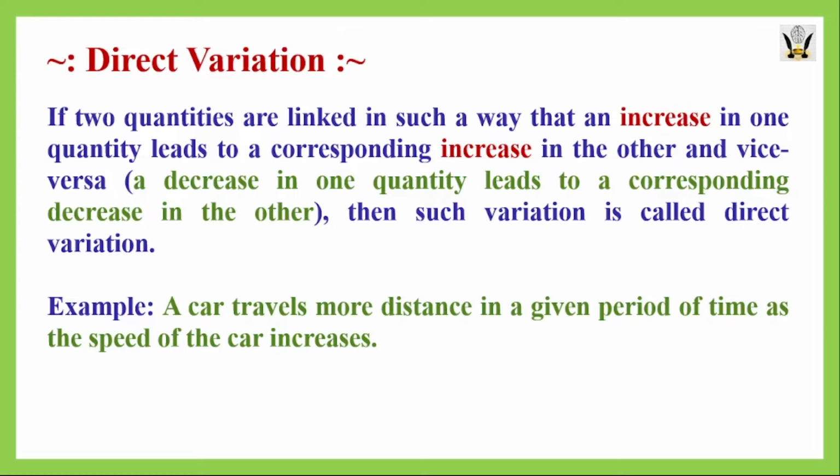Within that given period of time, the distance traveled by the car will definitely increase as the speed has increased. So this is direct variation. As the speed is increased, the distance covered by the car within a given period of time also increases. So this is a good example of direct variation.